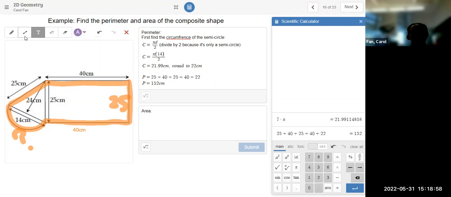Next, we're asked to find the area. The area in this case, we're just going to add our shapes together. So we have the area of the rectangle and then I'm going to add the triangle and the semicircle.